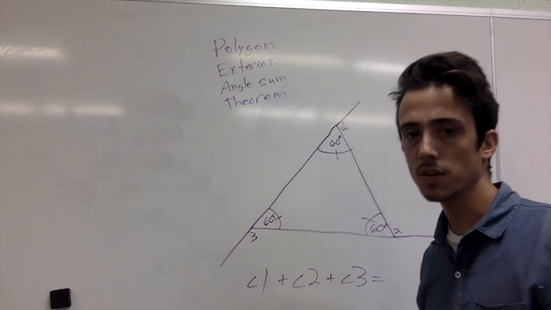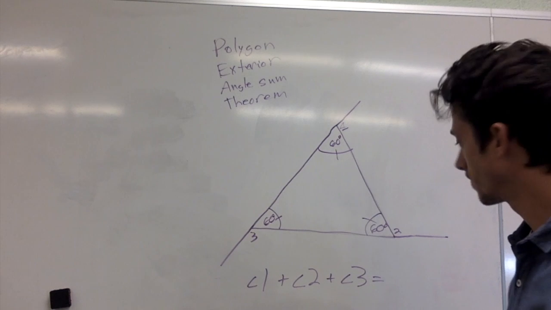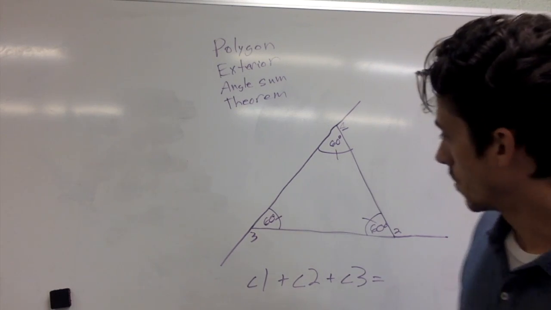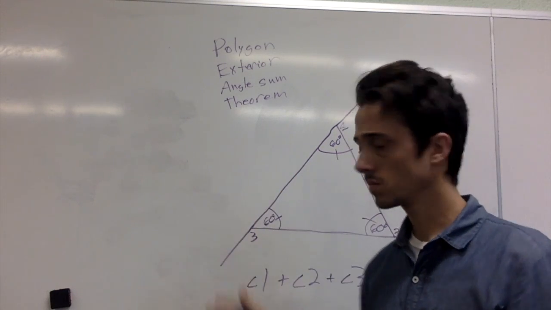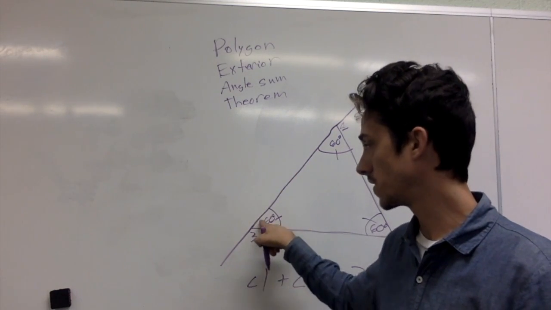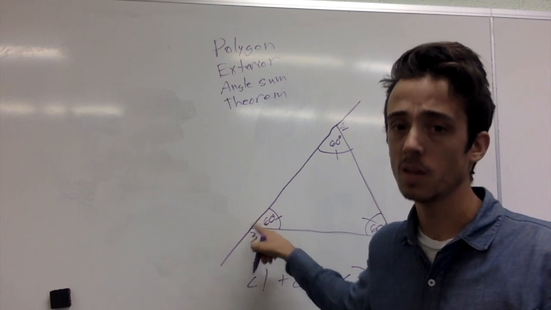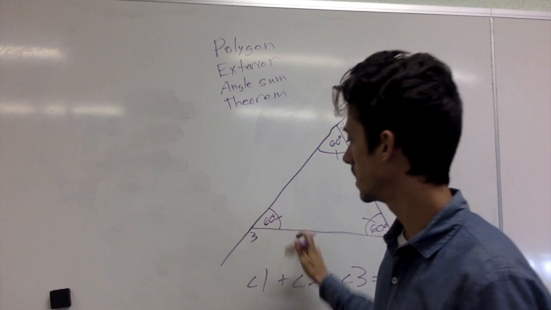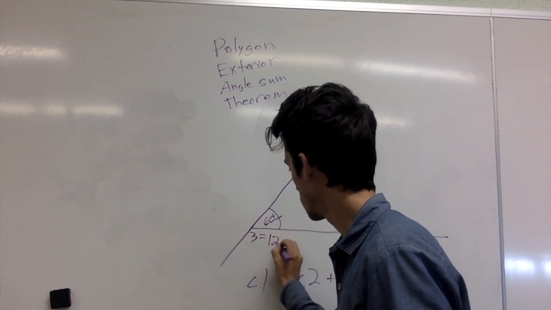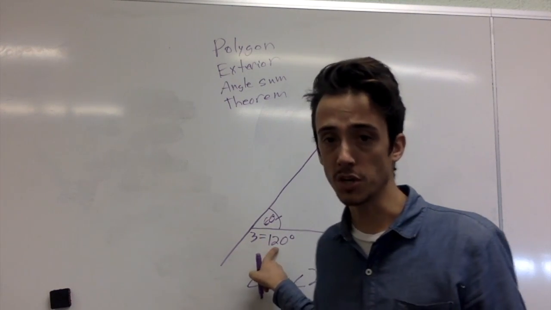What do you think these three angles are going to add up to? Well, this kind of looks like a straight line. So we can assume that angle 3 and the 60 should be supplementary. What's up? I see you out there. It's 180 degrees. So if it's already 60, we can claim this is 120 degrees.